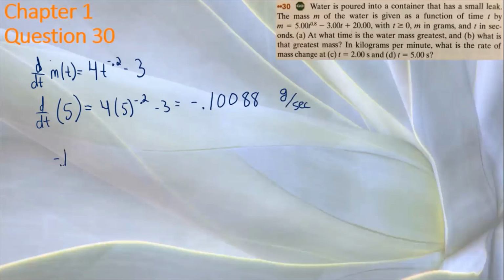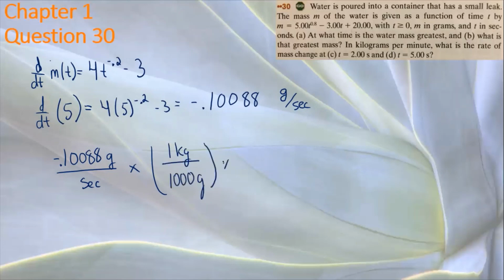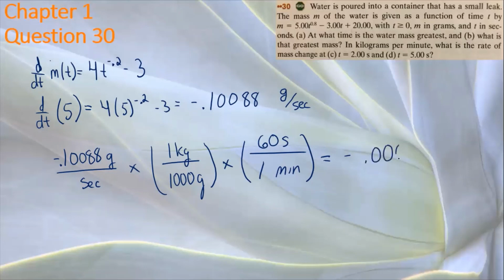Now again, we must convert this into kilograms per minute. So using the same conversion factors as previously, we have 1 kilogram equals 1,000 grams times 60 seconds over 1 minute. And the result of this is negative 0.00605 kilograms per minute.